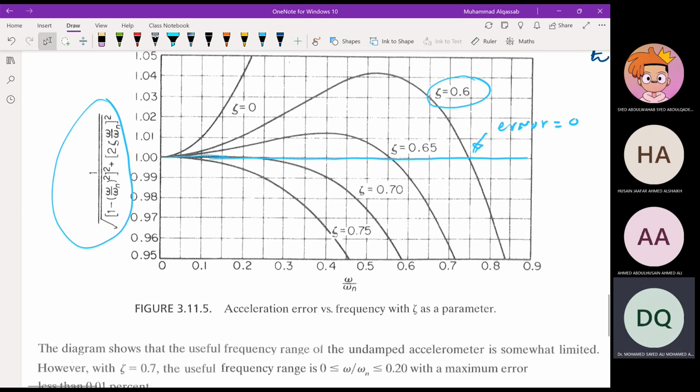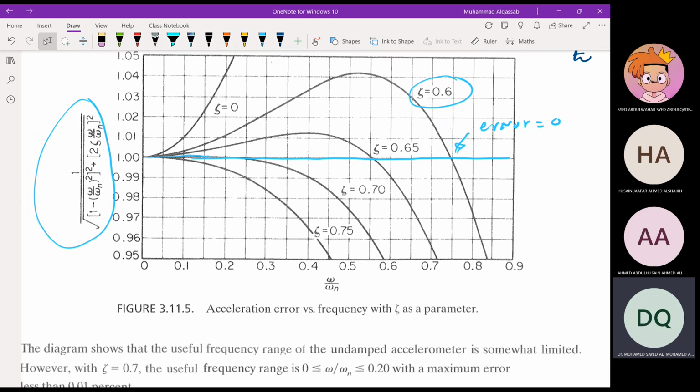Here, if a frequency range is given, then you have to check how much the maximum error is. The maximum error will occur at the end of the range or at the peak.